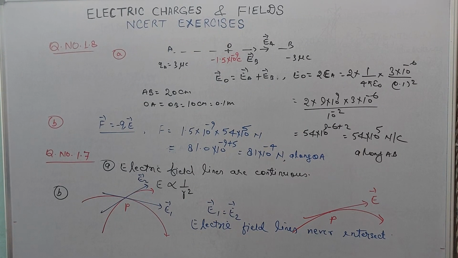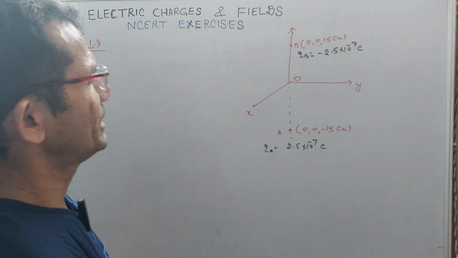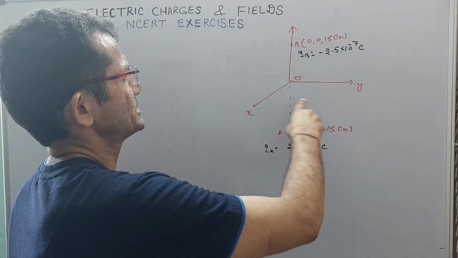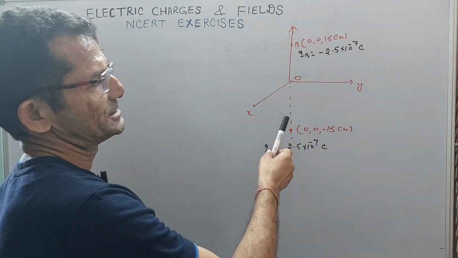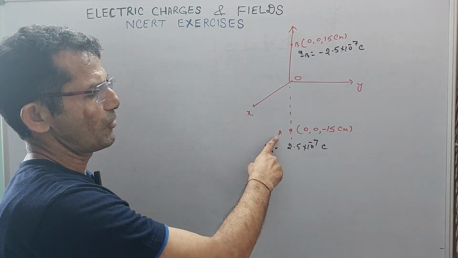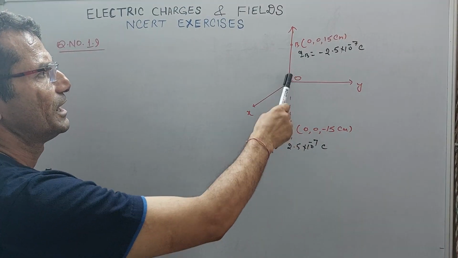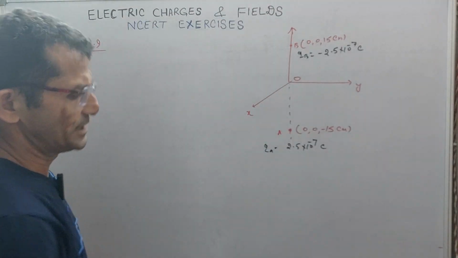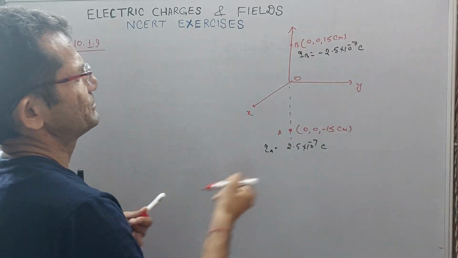This is question number 1.7. Now question number 1.9. This is the x-axis, y-axis, z-axis. We have 2 points on the z-axis. In the negative direction of the z-axis, we have a point A, coordinate 0, 0, minus 15 centimeter, and in the positive direction of the z-axis, we have the coordinate 0, 0, 15 centimeter.